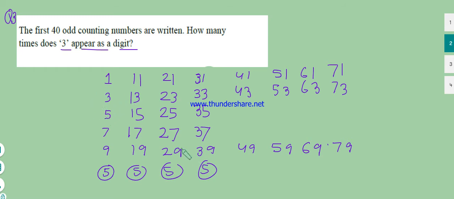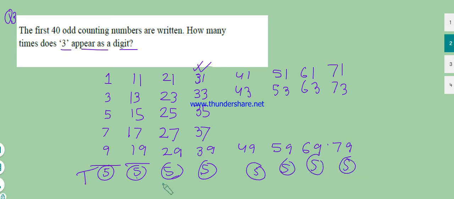Another way is, if you write these, then you can figure out this 31. These are all odd numbers written over here. 1, 3, 5, 7, 9, total 5. 11, 13, 15, 17, 19, total 5. So next 5, 5. Again 5, 5, and 5, and 5.